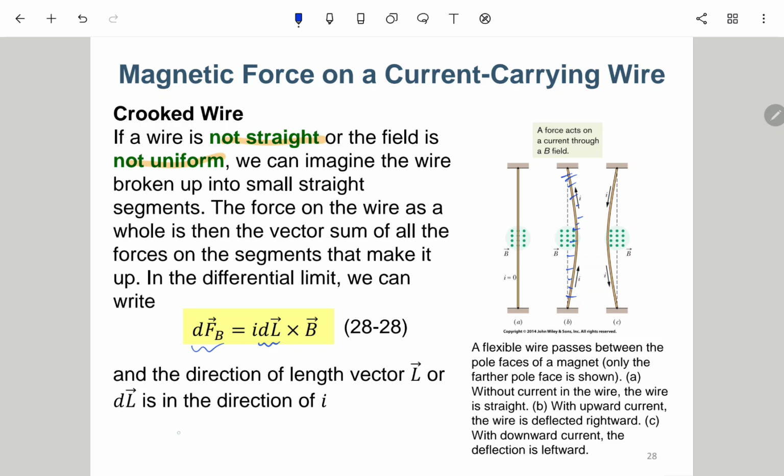So FB is the integration of dFB, the integration of I dL cross B. So it depends on whether the field is non-uniform or whether the wire is not a straight line. You need to use integration to calculate it if something in it is not uniform.